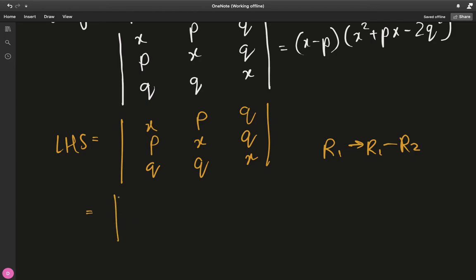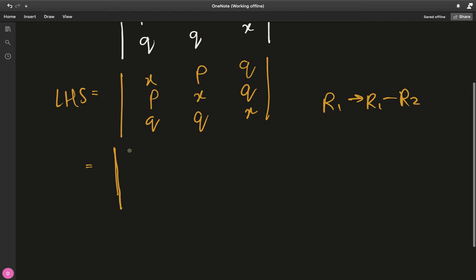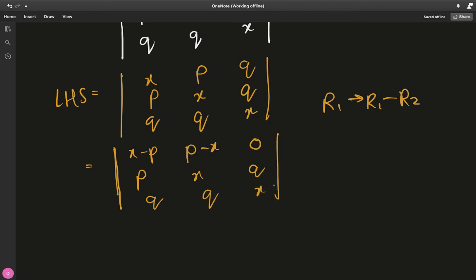So when I do that, it will be x minus p, p minus x, and a 0 here, and we have p x q, q q x. Now we can pull out an x minus p term from the first row.